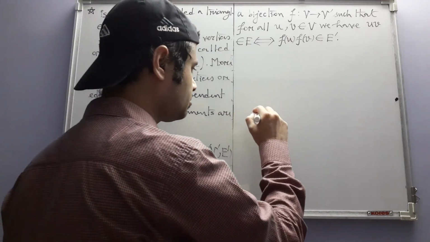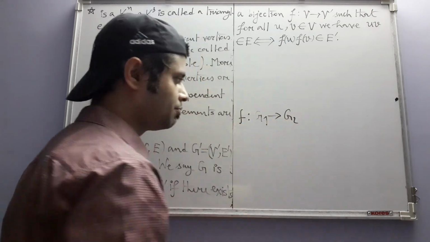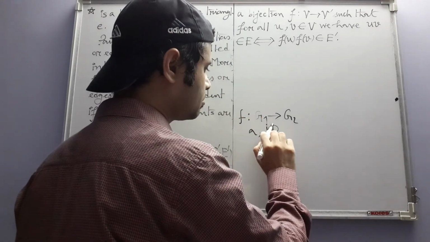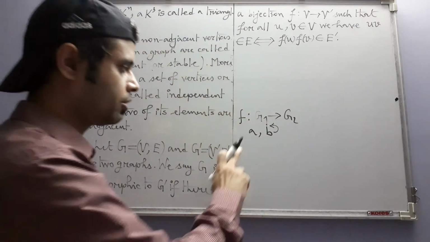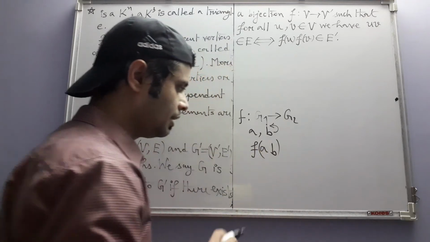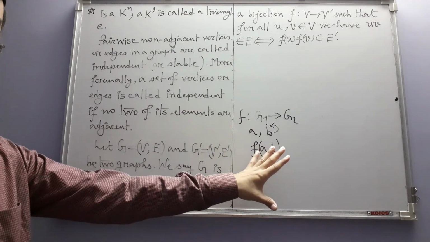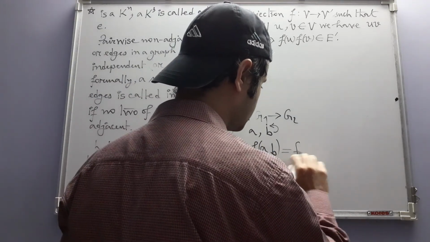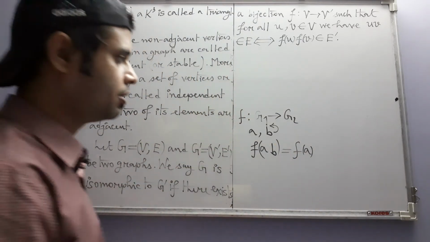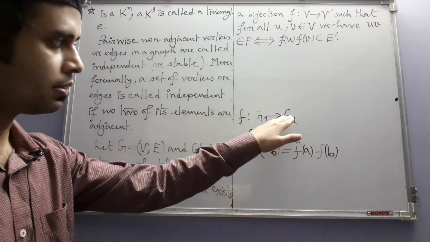That is, say you have two groups G1 and G2, and a bijective map between them, such that for any two elements in the first group, if you compose them using the group operation in the first one and then apply f, that is the same thing as first applying f on the elements individually and then composing the images in the second group.